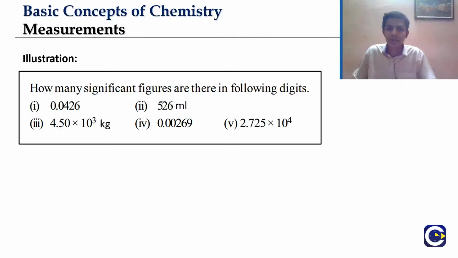How many significant figures are there in the following digits? First question, 0.0426. How much is it?